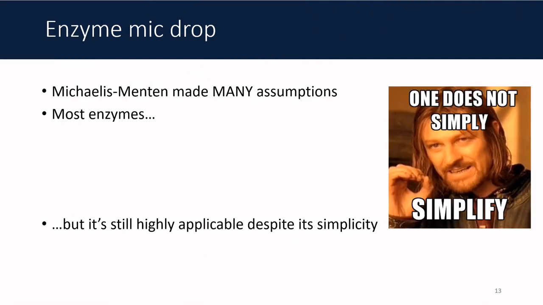To wrap up, we've learned today that enzymes are complicated beasts. For example, they can utilize many substrates or sometimes generate multiple products instead of just one. A great example of that being the serine protease that we covered today.